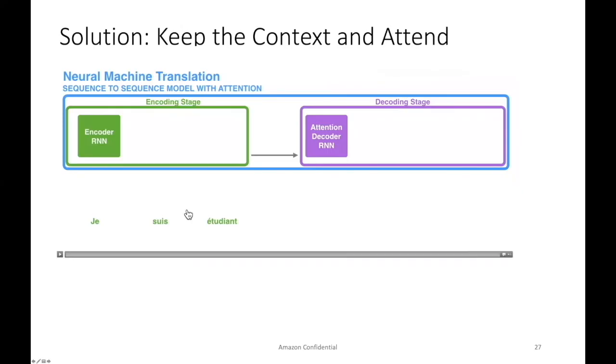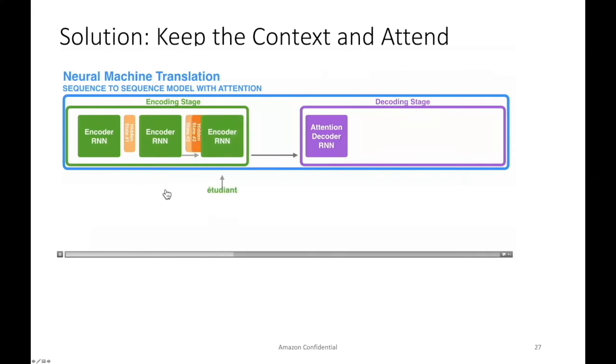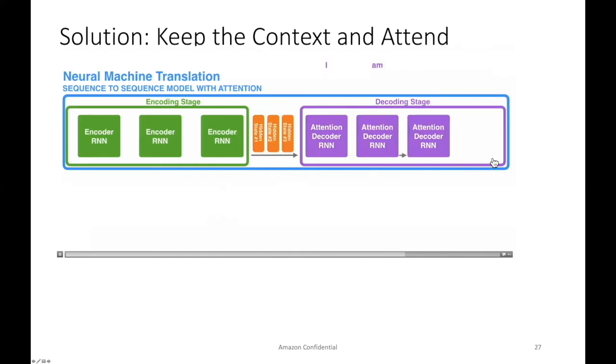Let's look at how attention works. So attention also has an encoder and decoder, two models that are doing this, but there's a difference here. All the hidden states are kept, and then they're used in the decoding stage. So let's do this again.